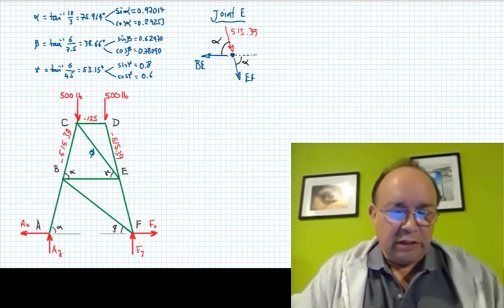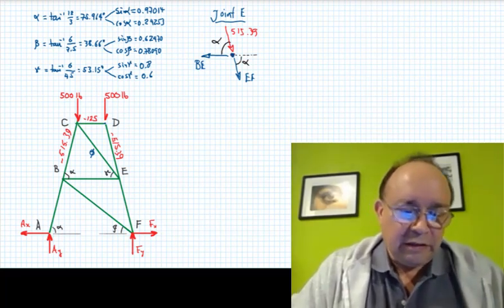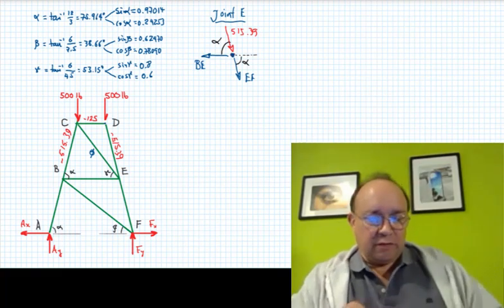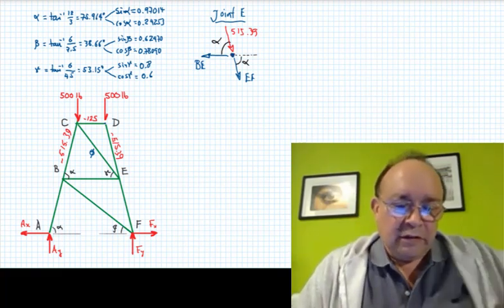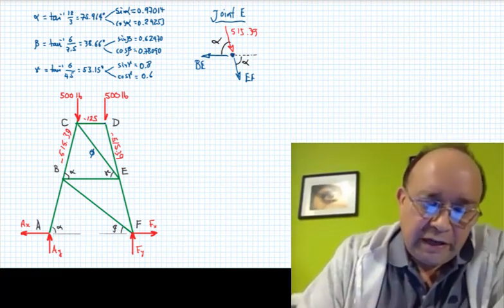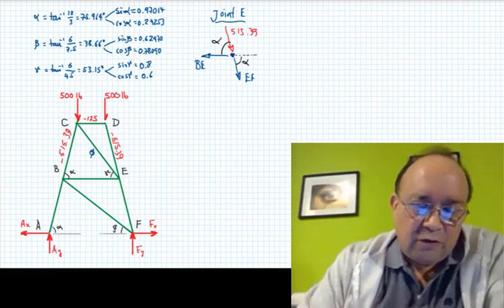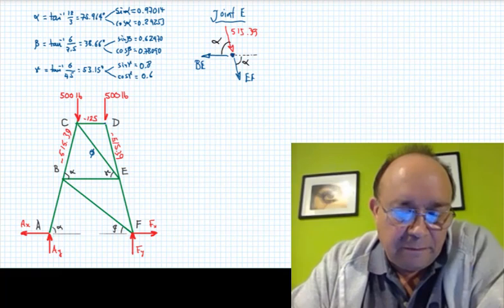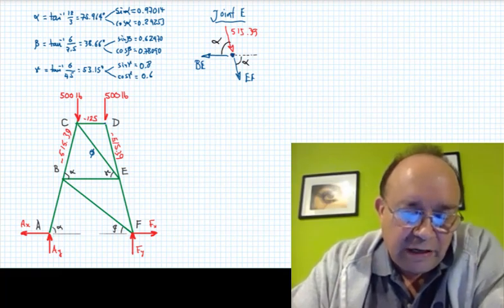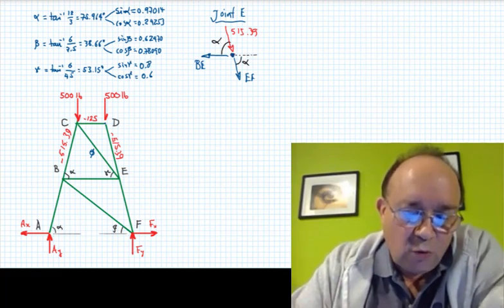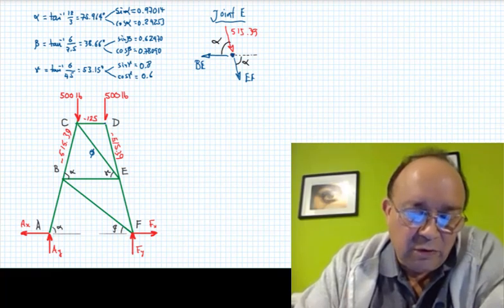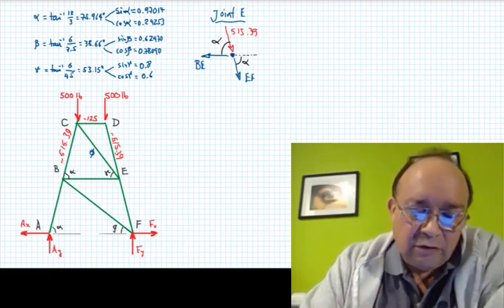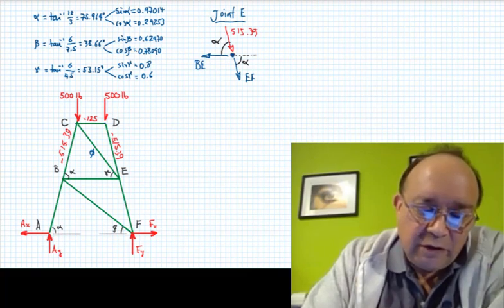So we are ready to set up the summation of forces, summation of components. Summation of forces in the x direction, or summation of components in the x direction. Let's see. It will be better to start by summation of forces in the y direction, because in the y direction we only have one unknown. So we can solve that equation directly.